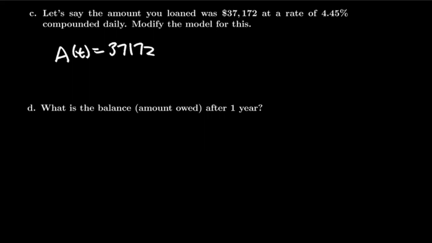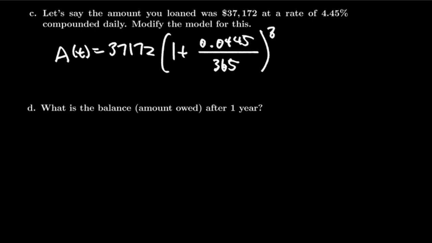So that's a sub 0, 1 plus, okay, the rate is going to be 0.0445 divided by, okay, so what is n? If this is compounded daily, then n is going to be 365. So 365 times t. So don't worry about leap years, just to make it simpler, just use 365.